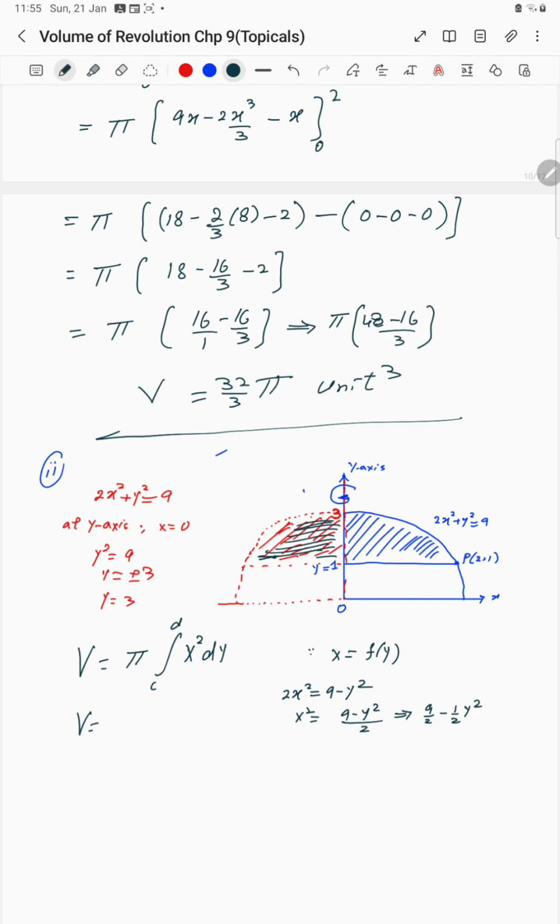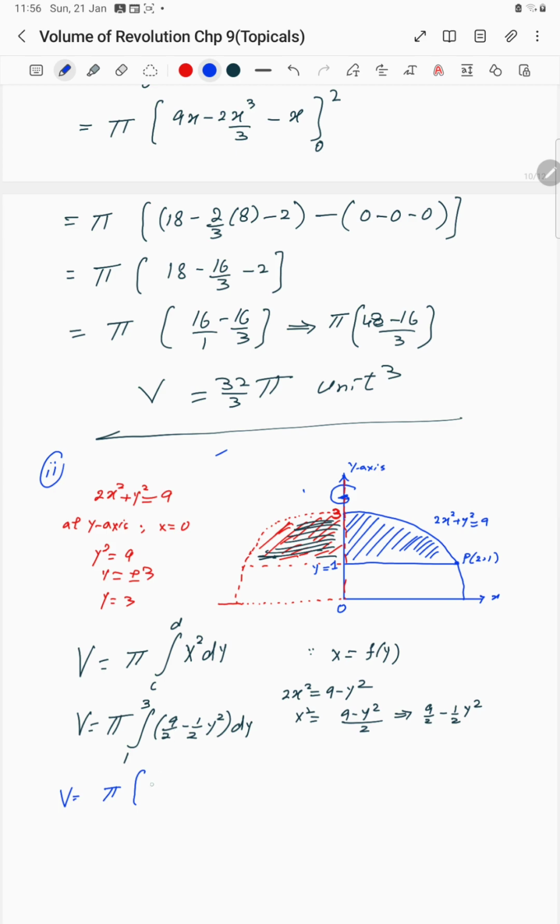So applying in the formula, we will get pi times the integral, limit is what? 1 to 3, of 9 by 2 minus 1 by 2 y square dy. Now apply the basic principle of integration.